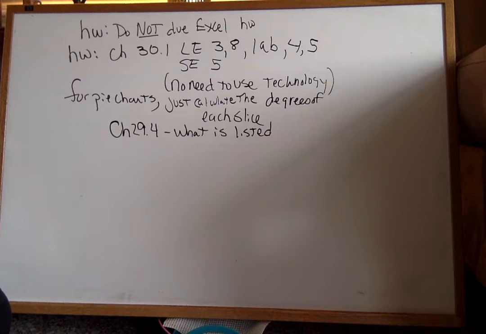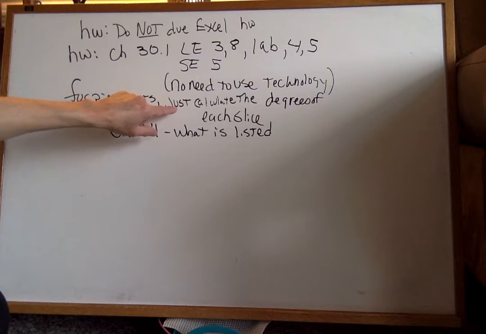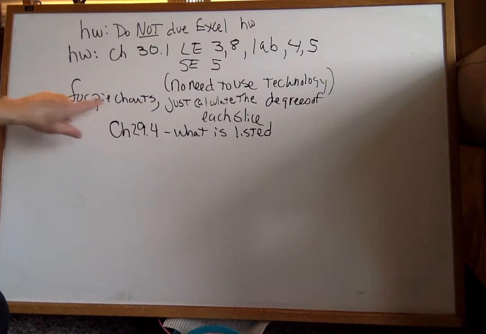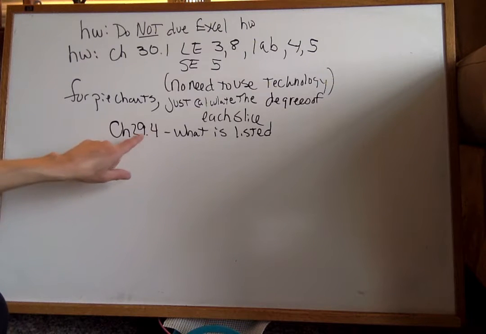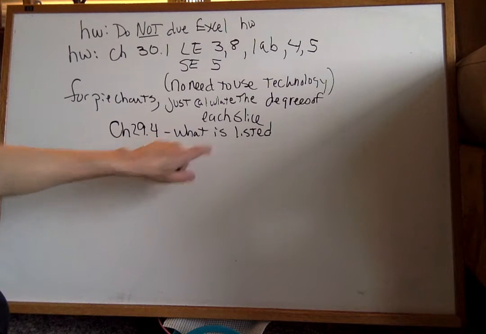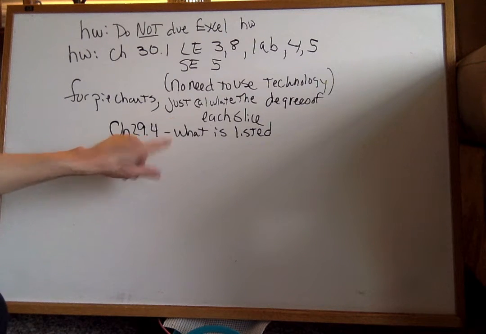At the end of this video, we're going to be talking about pie charts, which are not that different from spinners. So your book, again, I think tells you to use technology. You do not have to do that. Just calculate the degrees of each slice anytime the book homework is asking for pie charts. And then chapter 29.4, whatever is listed. I have that homework assignment sheet loaded on Canvas, and it tells you by chapter, hand-picked problems I picked out. So whatever I picked out, do those.